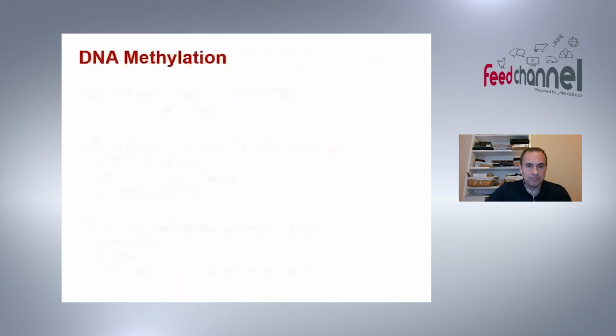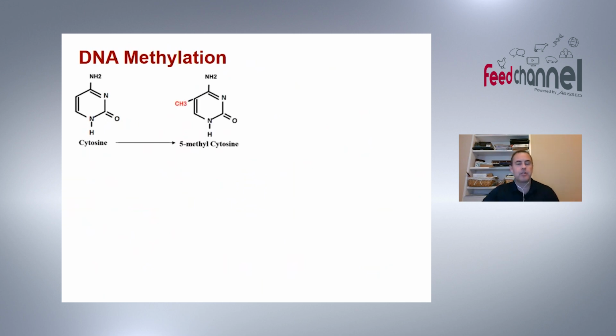transmethylation reactions. So one of the effects of methylation is that it can affect genes. It can transfer methyl groups to the DNA. And the site of methylation is usually a cytosine, which once it undergoes methylation, becomes 5-methylcytosine.